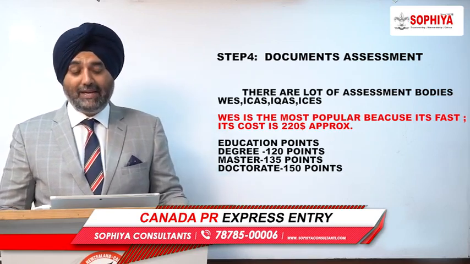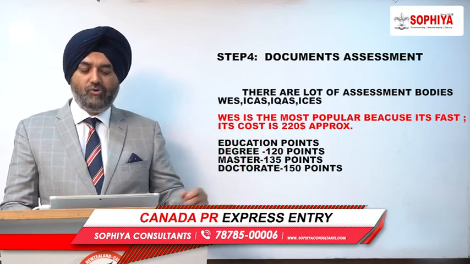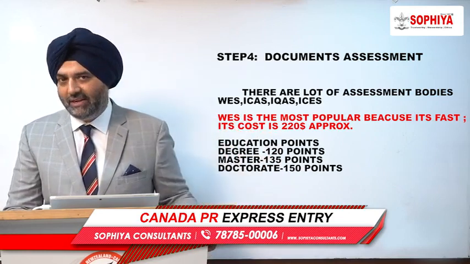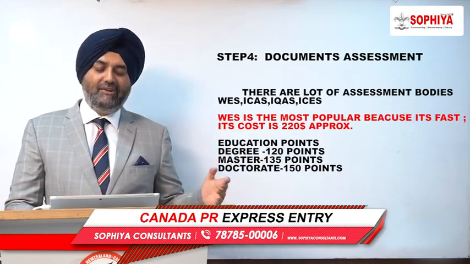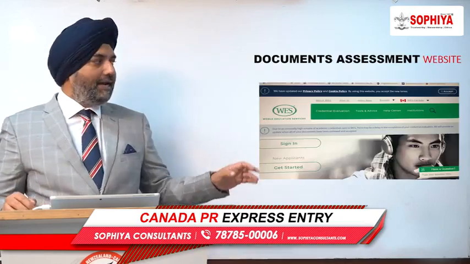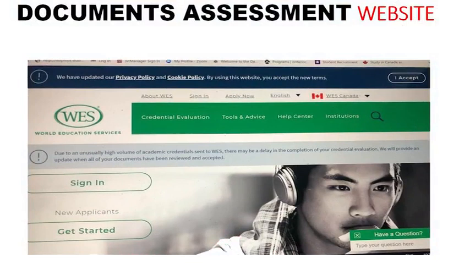They're quite quick. For example, if you have a degree, you'll get 120 points. If you have a master's, you can get 135 points, and if you have a doctorate, you can get 150 points. This is the WES website. You can directly send your documents online to get your assessment done very fast.